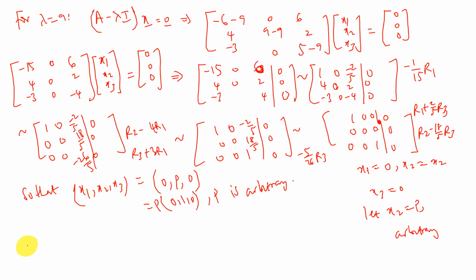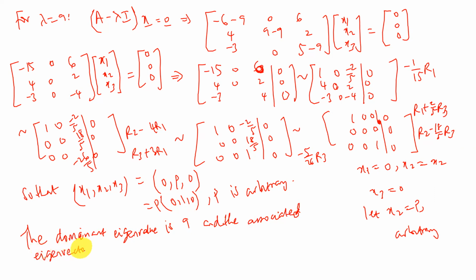Right, so the dominant eigenvalue is 9, and the associated eigenvector is 0, 1, 0.